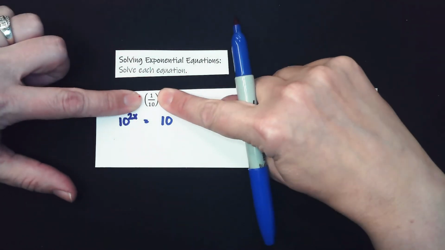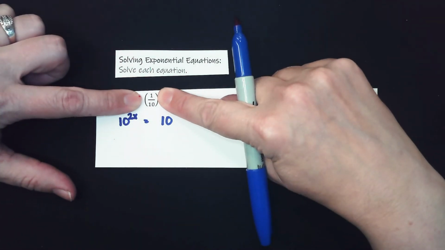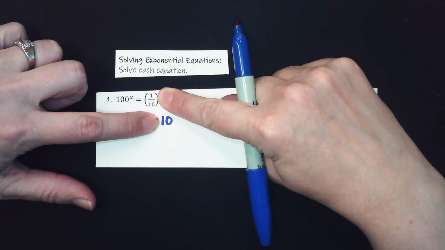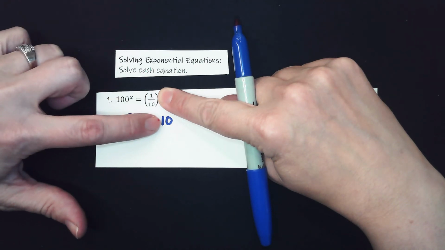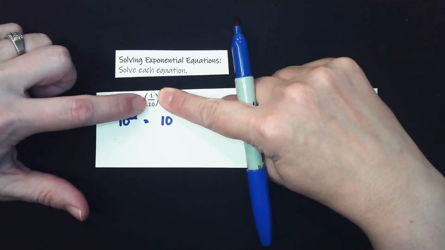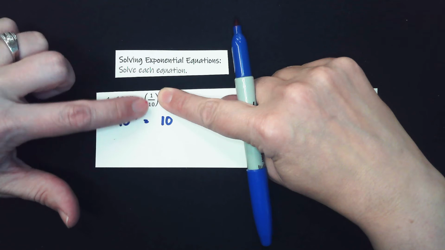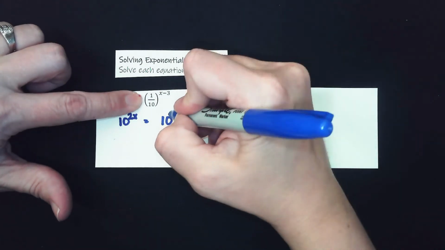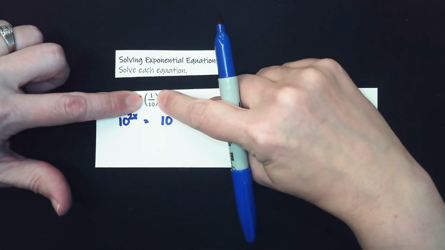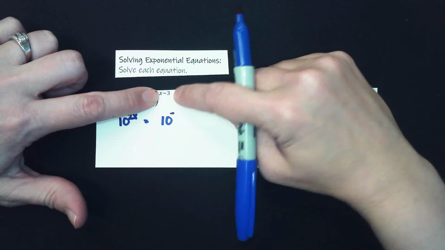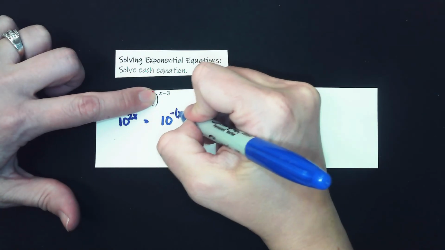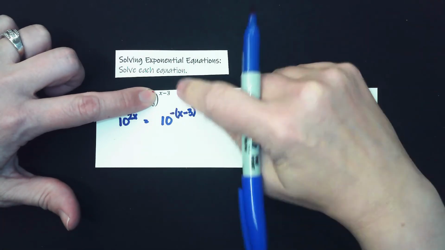So first I'm going to look at 1 over 10. And I want to make it just 10. So remember, if I want a 10 to be in the numerator, but it started in the denominator, the way we move them up and down is making the exponent negative. So it's a negative 1 power, because I still have the 10. But I have to have that times x minus 3, the power that I already had.